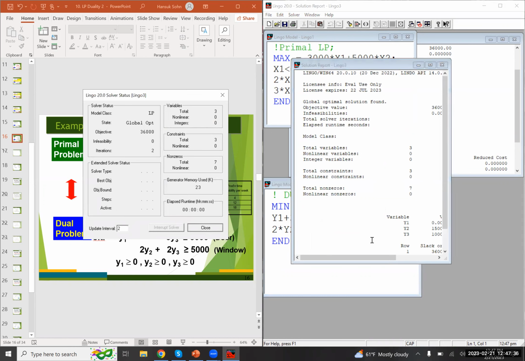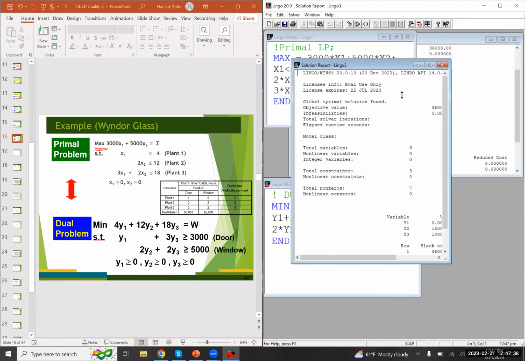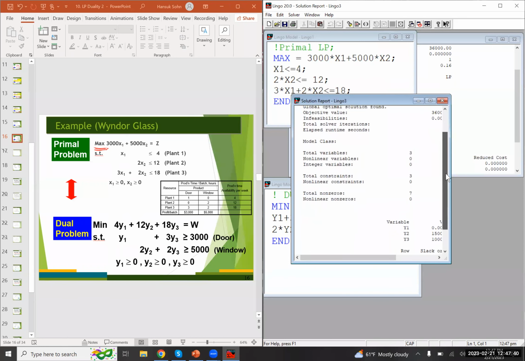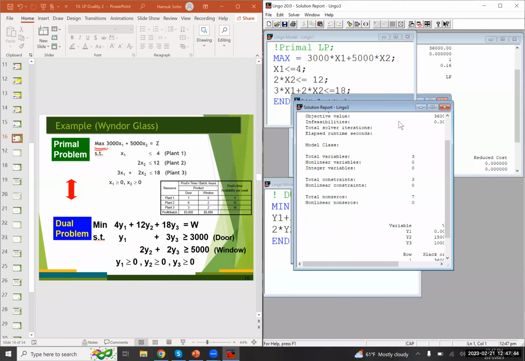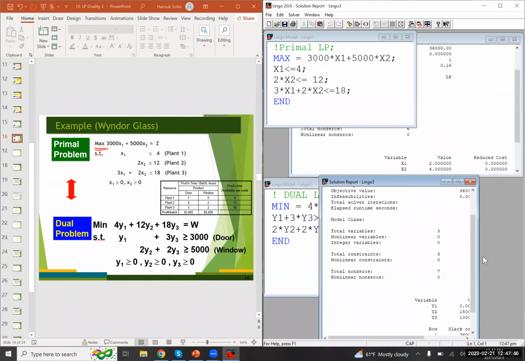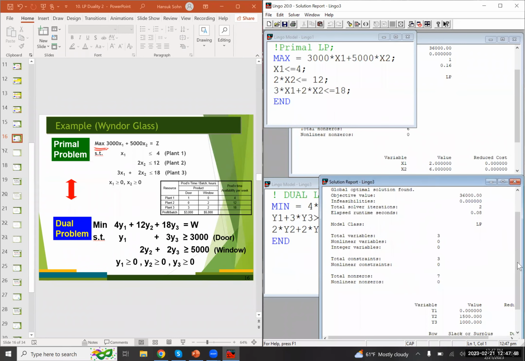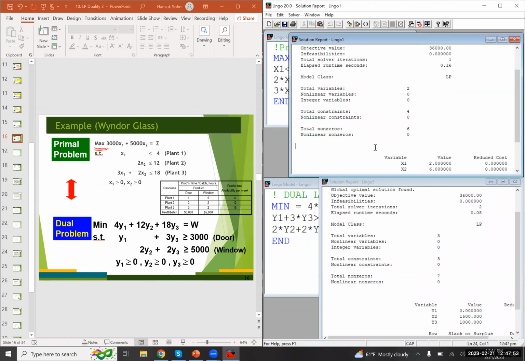Now we got the optimal solution. So here's our primal and dual optimal solution.